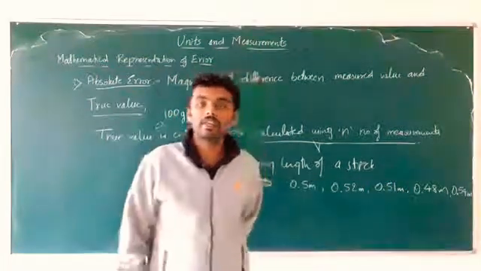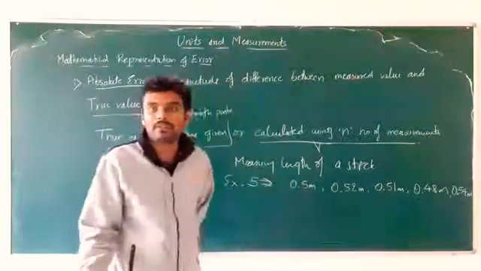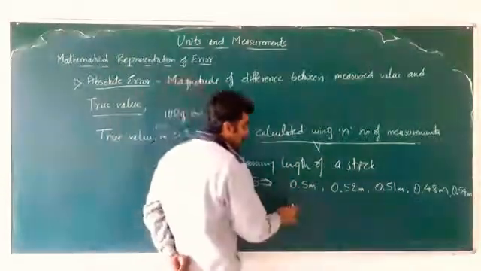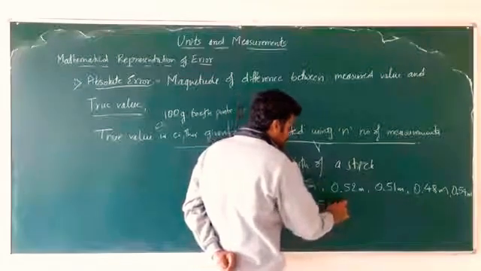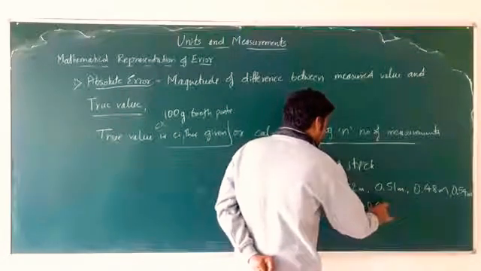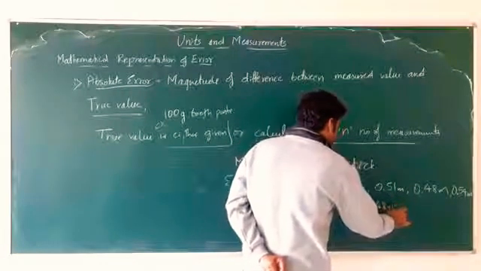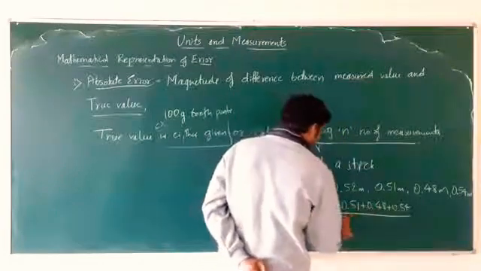How do we take the mean? We add all the quantities and divide by the number of quantities. Which are the quantities we have? 0.5 plus 0.52 plus 0.51 plus 0.48 plus 0.54 divided by 5.